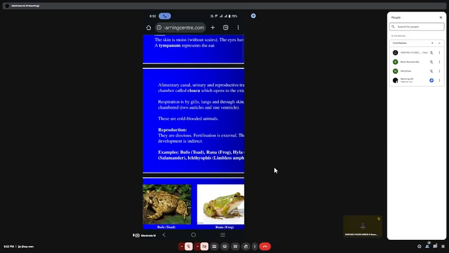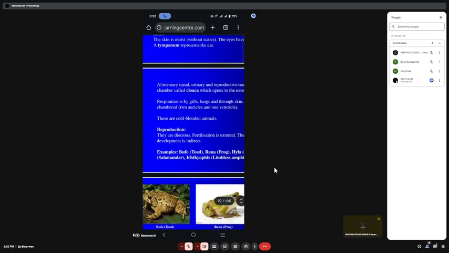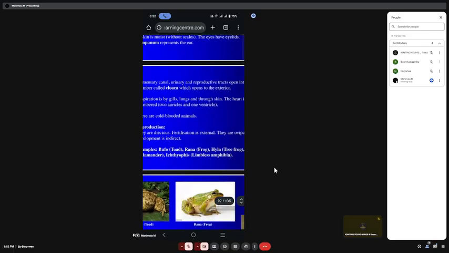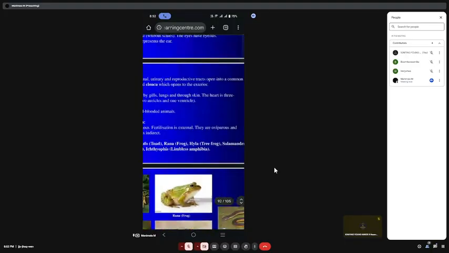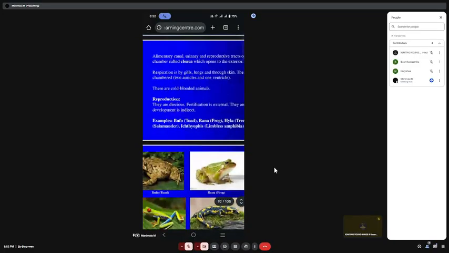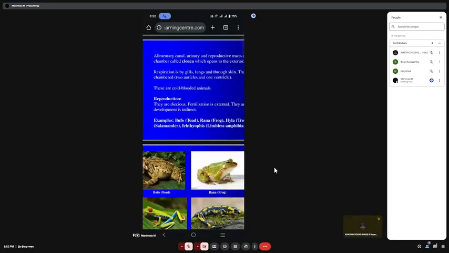Next, the respiratory system. For respiration, they have gills and lungs, and they can also respire through the skin. The heart is three-chambered, with two auricles and one ventricle.